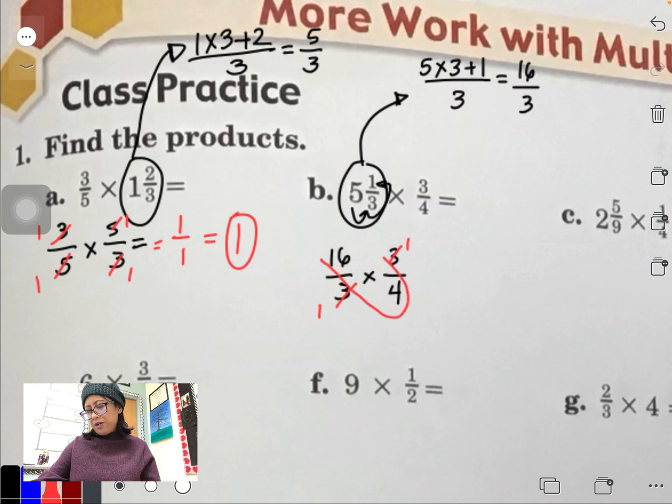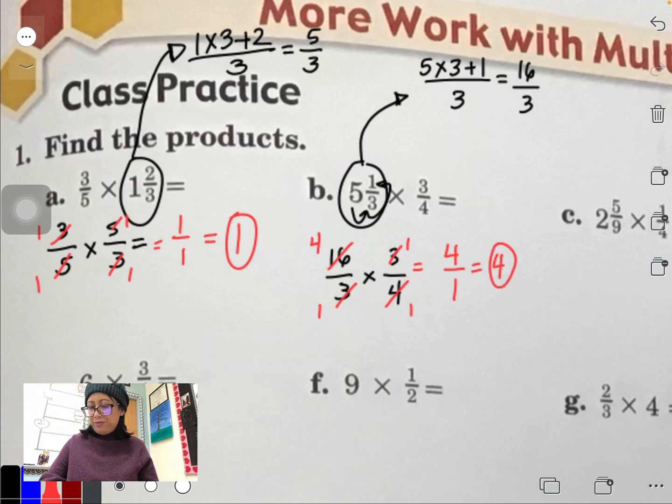Do you know a number that I can use to divide both 16 and 4? They're both even, yes, 2, but there's a bigger number you can use. 4. So I can do 16 divided by 4: 4, 8, 12, 16, 4. And then 4 divided by 4, 1. So I've got 4 over 1, which really equals 4.